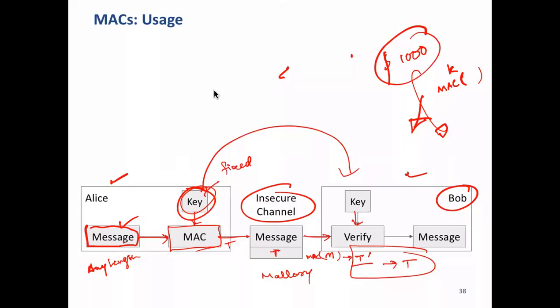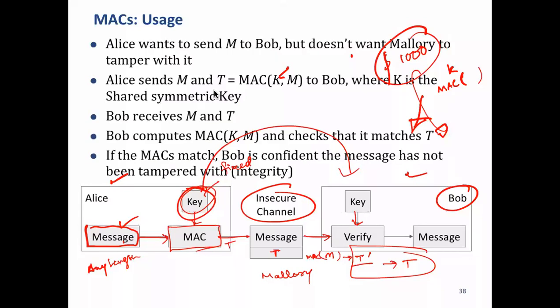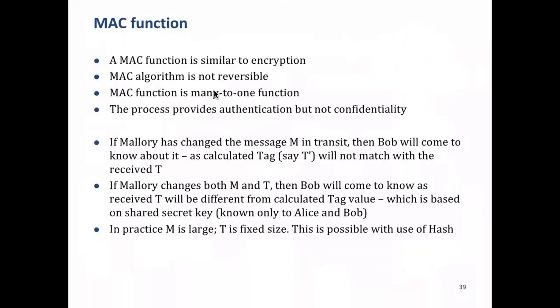Is it becoming clear? Think about it. Yes, sir. Okay, all right. So the MAC function is similar to encryption. The MAC function is also not reversible, and as you mentioned, it is a many-to-one function, a compression function.